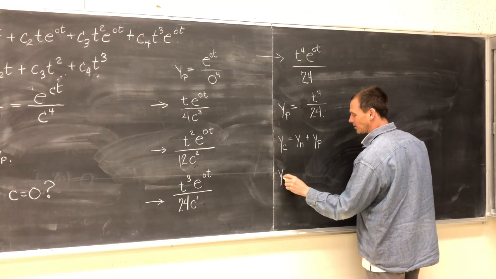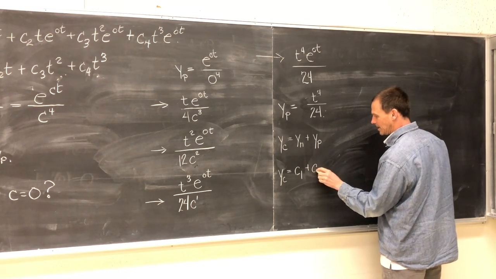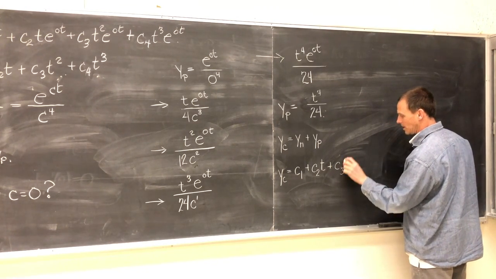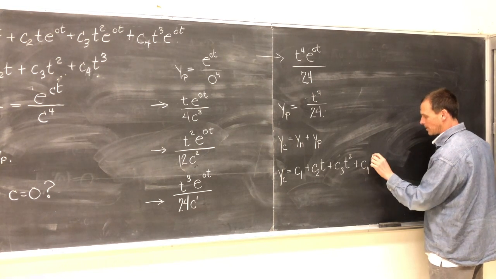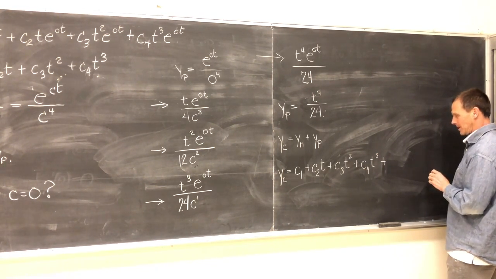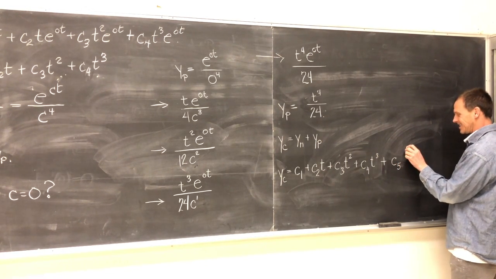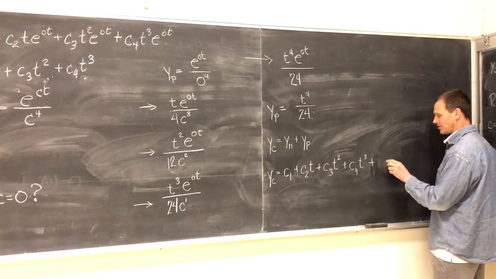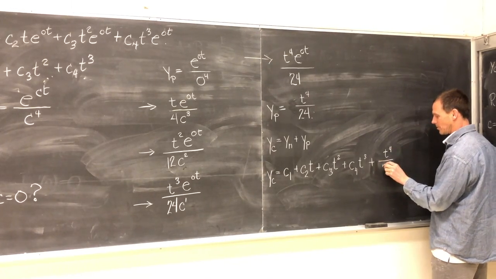So our complete solution is C1 plus C2t plus C3t squared plus C4t cubed plus, oh, nope, I don't need a C5. I'm sorry. It's just my particular solution, t to the 4th power over 24.